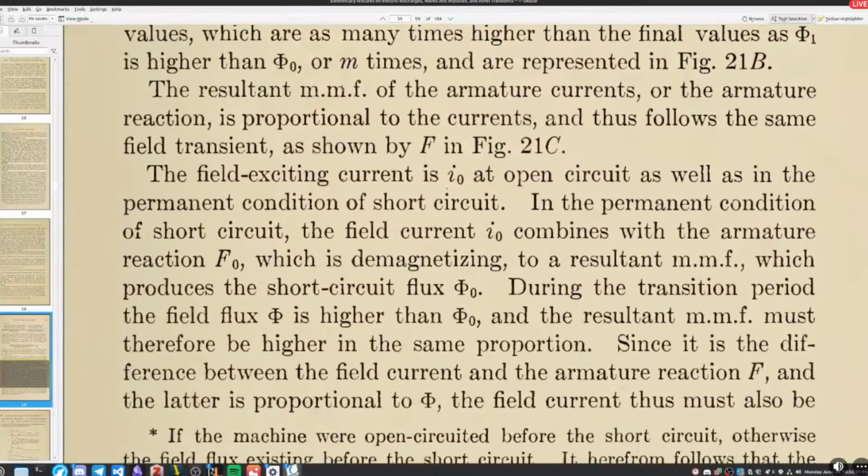The resultant MMF of the armature currents, or the armature reaction, is proportional to the currents and thus follows the same field transient as shown by F in figure 21c.